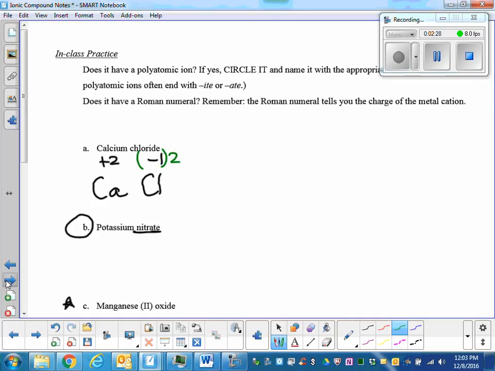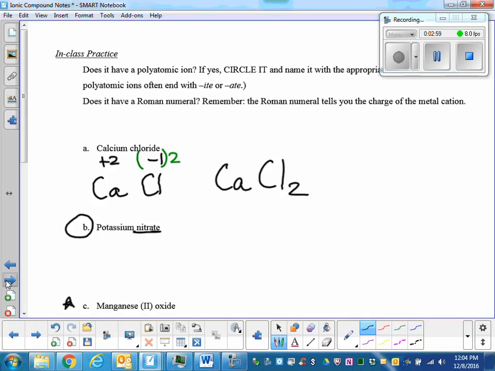I mean, -2 plus 2 will become a 0. So how many chlorine atoms do I really need? 2. Does that make sense? So what is my formula for calcium chloride? CaCl2 is my formula for calcium chloride. Do you understand that? Because my charge needs to balance out and become 0.